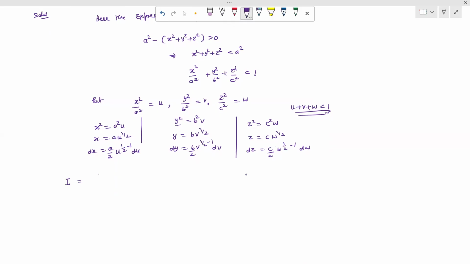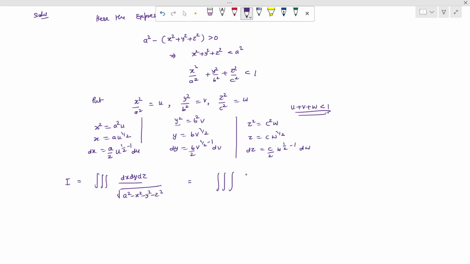So integration I is equal to triple integration dx dy dz upon root a square minus x square minus y square minus z square. This can be written when we convert this into the u v w form.